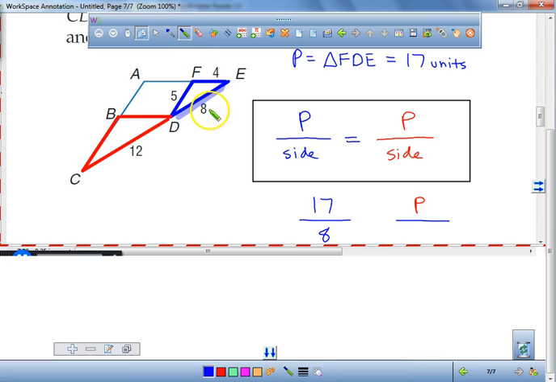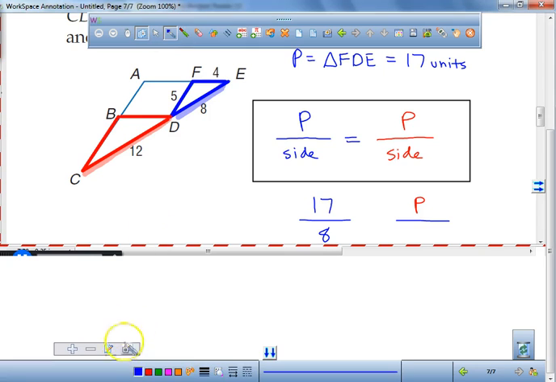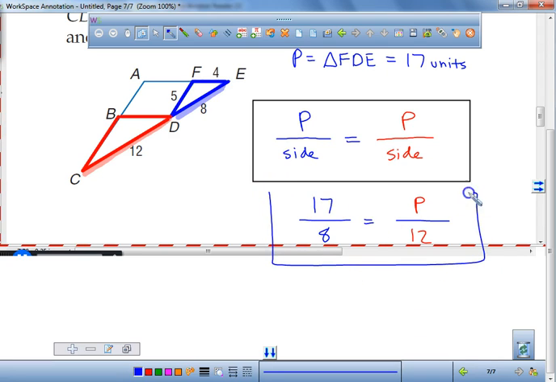And what are we going to compare this side to in the other triangle? What do we compare the 8 to in the red triangle? You guys see how you can compare this side to this side. So we're going to put 12 right here. And guess what? Now we have our proportion.